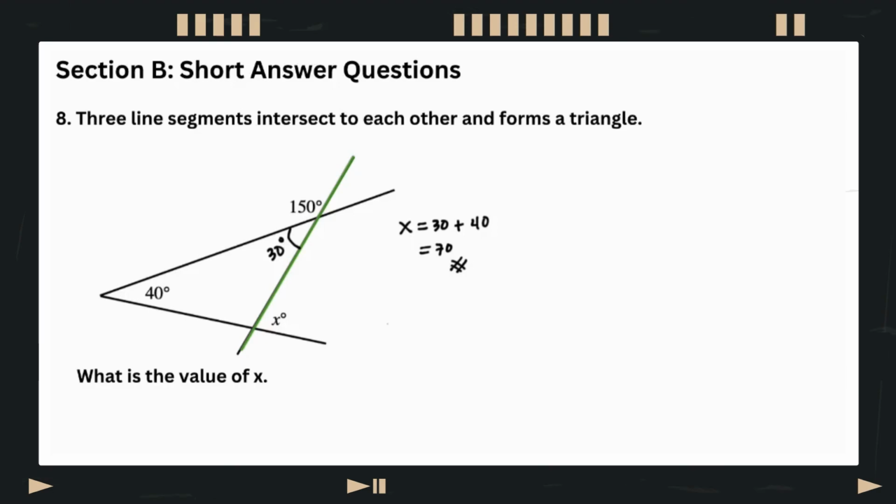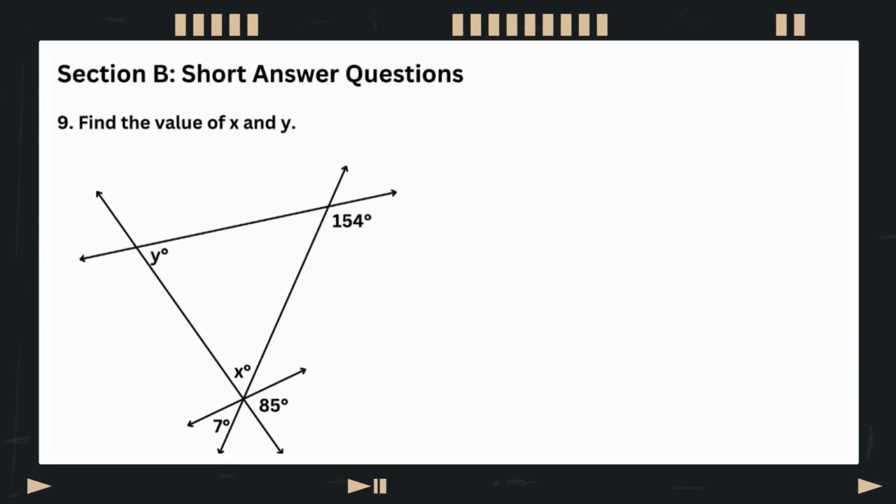So x is equal to 70. Done. Alright, so for question 9, find the value of x and y. Now, we can start our solution by looking at this part of the figure. Since this is 7 degrees, opposite of that is 7 degrees as well.